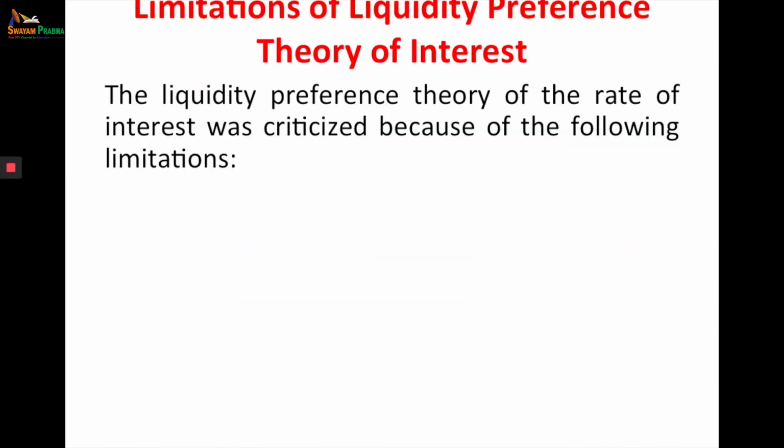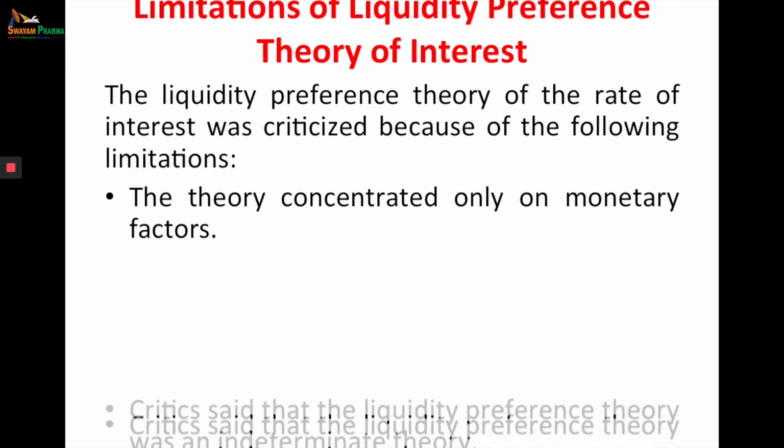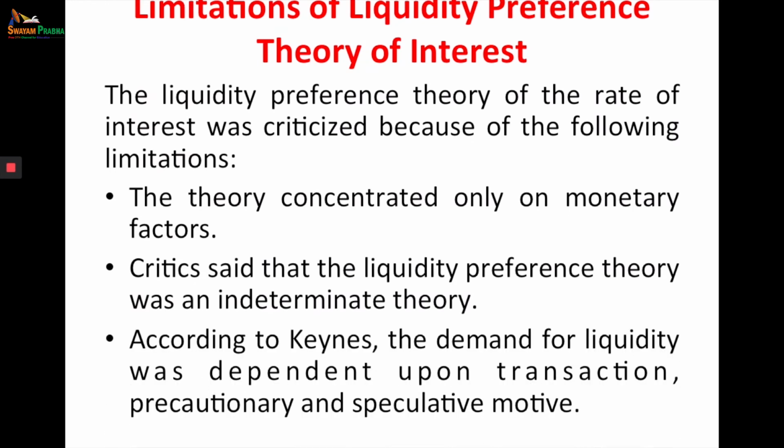So a shift in the liquidity preference curve will also affect the rate of interest. Now this theory also has some limitations. For example, the theory concentrates only on the monetary factor, which is the most important drawback of this theory. Critics said that the liquidity preference theory was an indeterminate theory. You cannot say this is the perfect theory. According to Keynes, demand for liquidity depends upon the transaction and precautionary motives, which is not true.